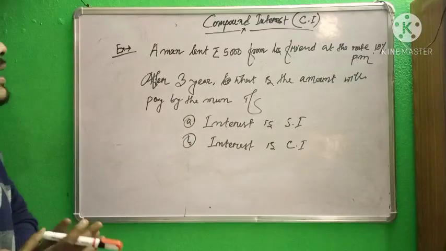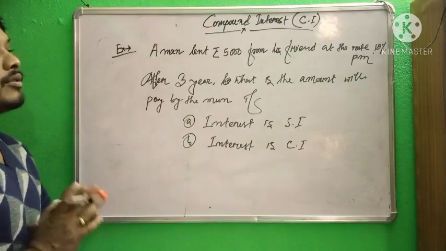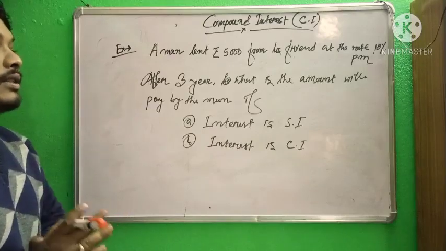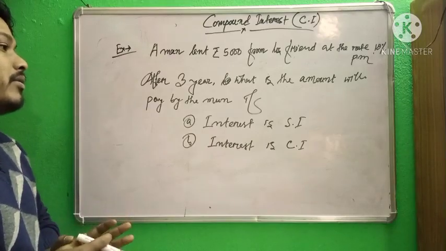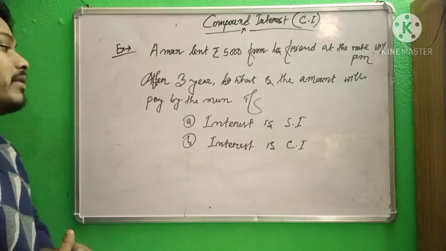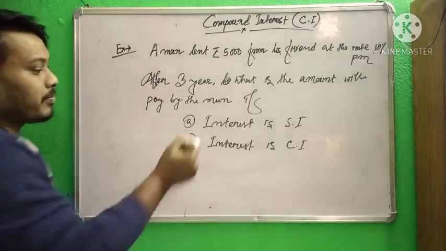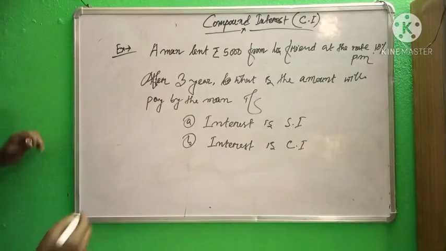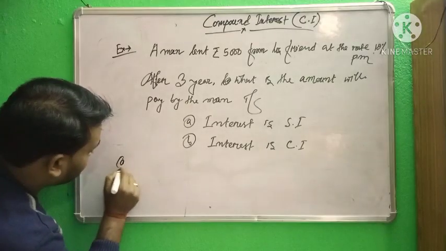A man lent 5,000 from his friend at the rate of 10%. After 3 years, what is the amount to be paid by the man if the interest is simple interest? So part (a) is simple interest.